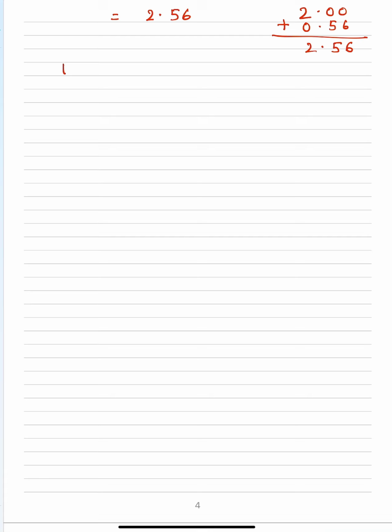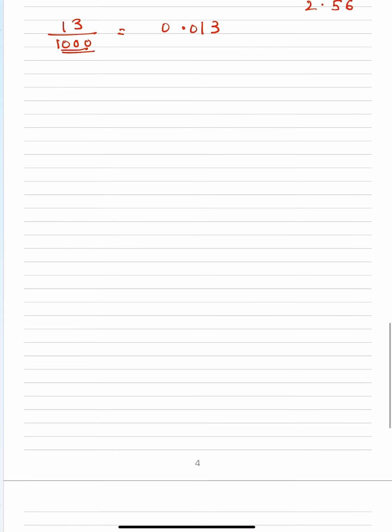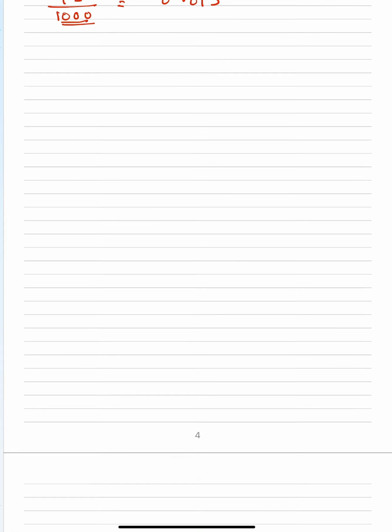Similarly, if a number is taken upon 1000, then 3 zeros means the decimal point will be before 3 digits. This way you have to do it. Even in 1000 you can change it, but you should have the number in 4 digits, that is, 2563 upon 1000.